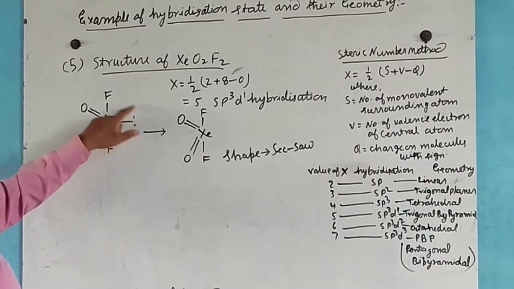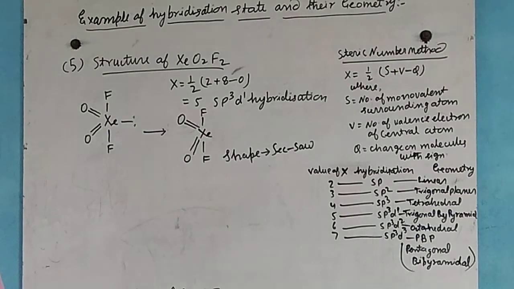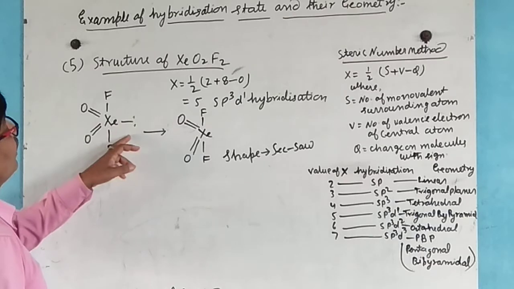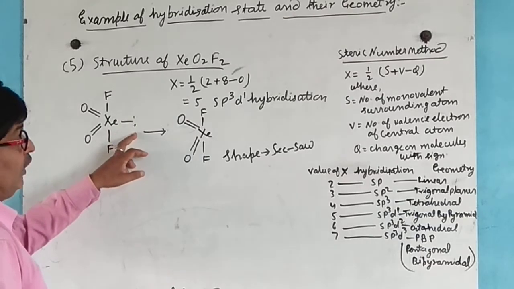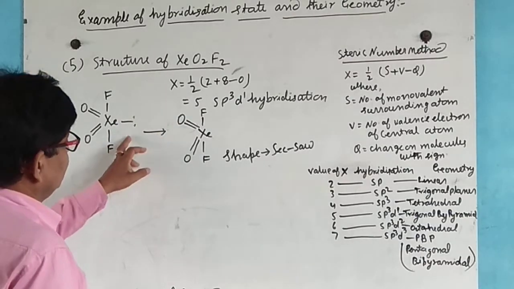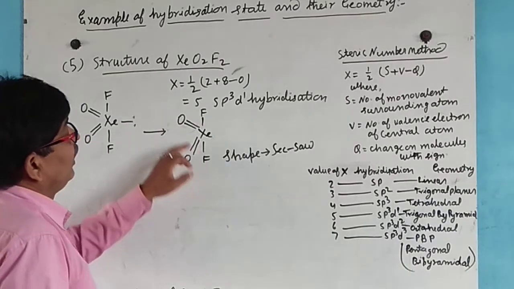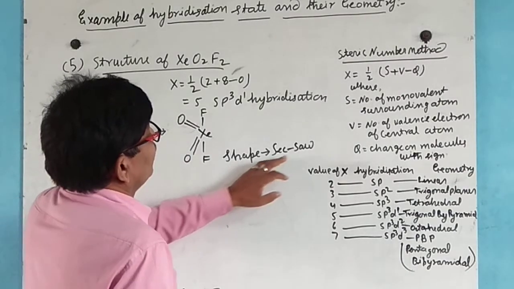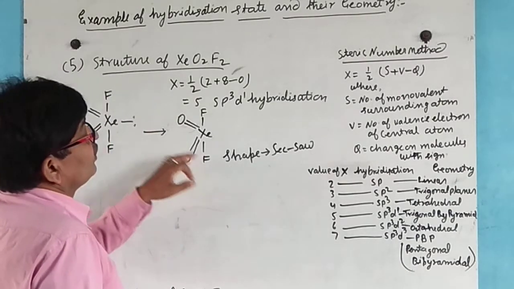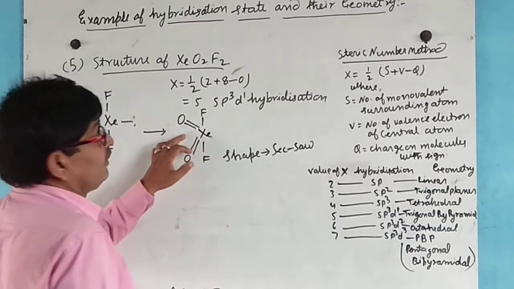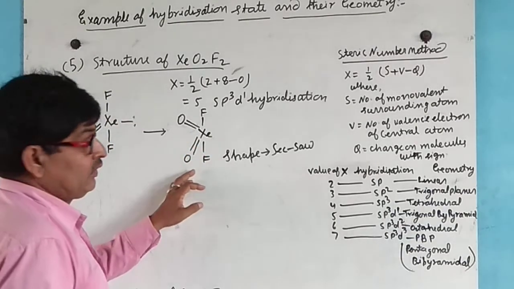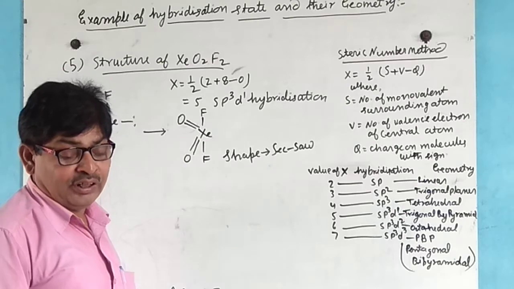It has 1 lone pair, and in the structure we don't consider the lone pair, so this structure becomes this, and the shape of this is see-saw type.